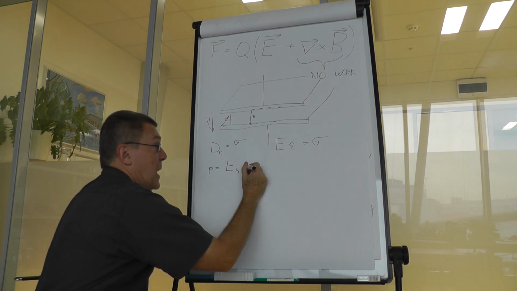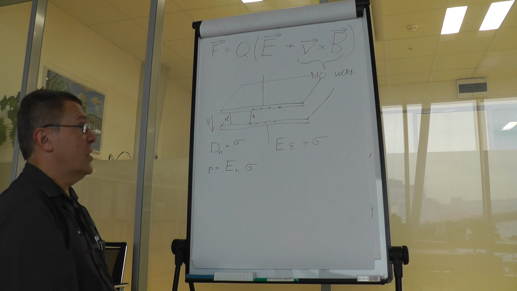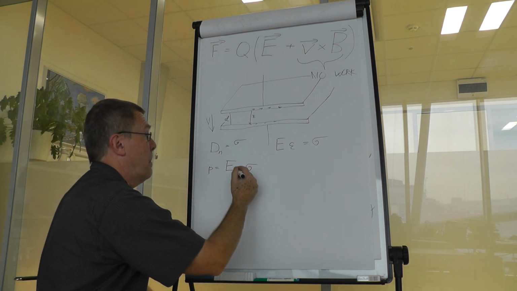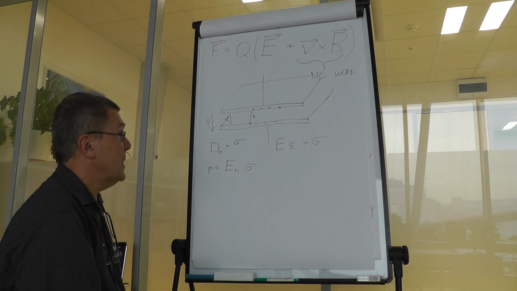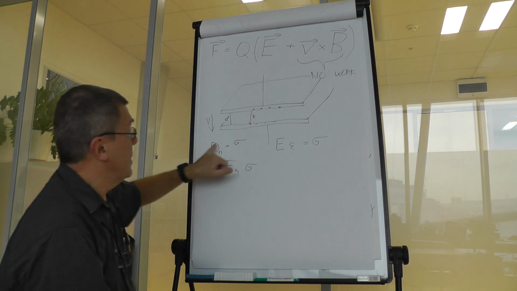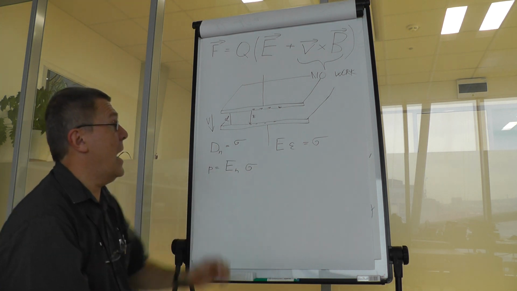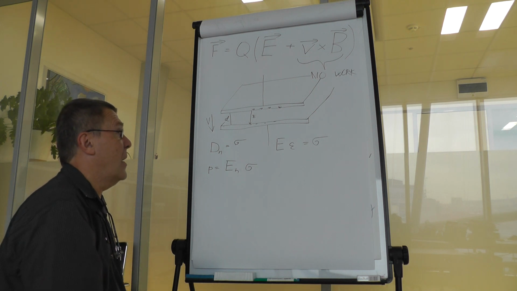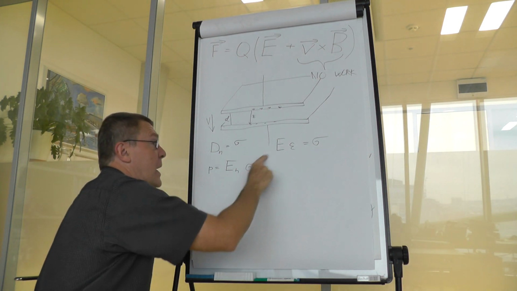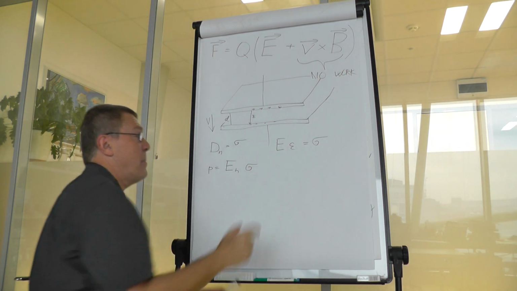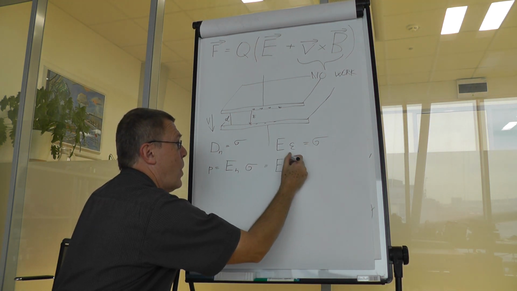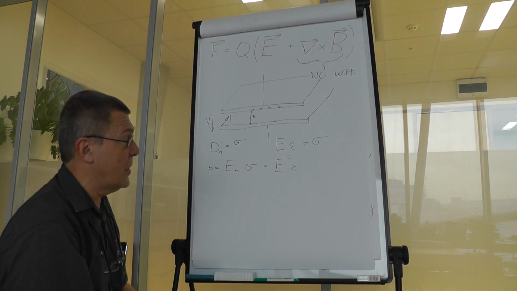E normal multiplied by the charge density, but the charge density could be derived as electric flux, which is equivalent to the charge density. So we can get this by E epsilon, and then we get E squared epsilon as the pressure on the electrodes.